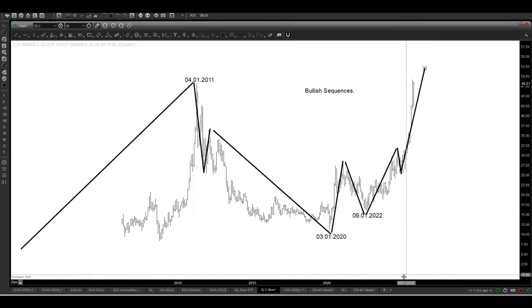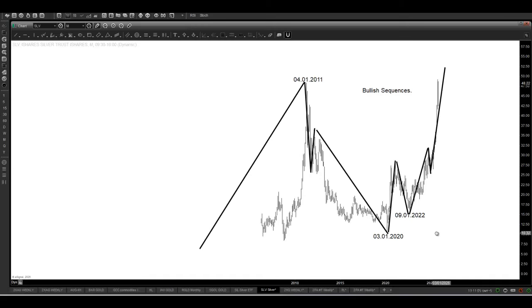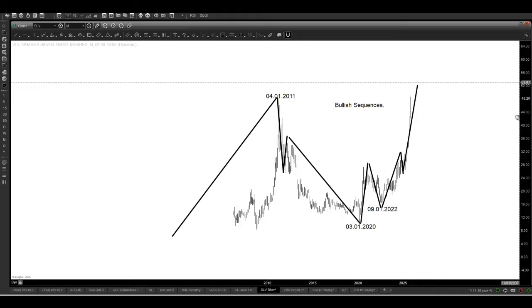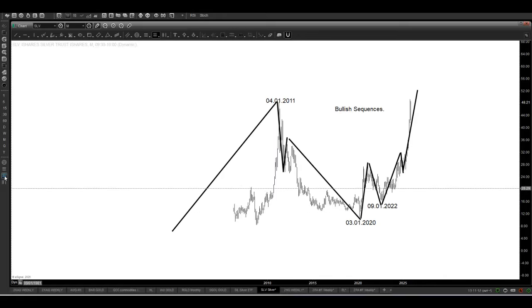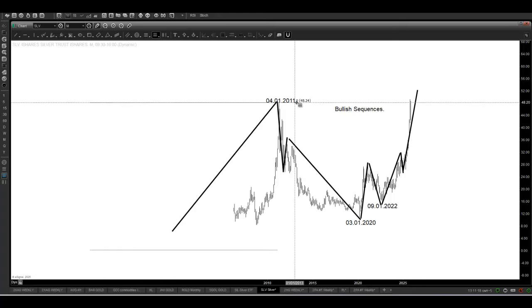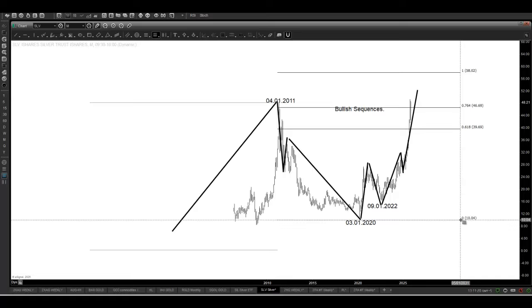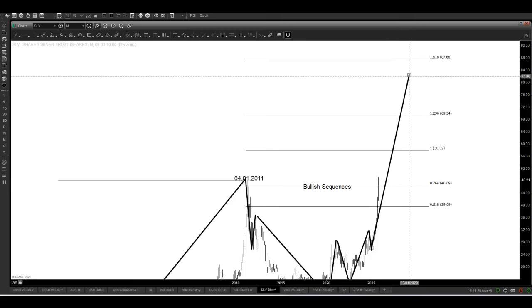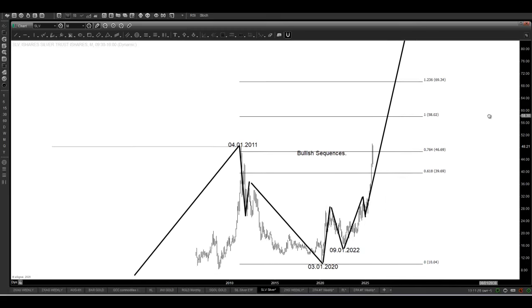So over here, the ratio is a beauty. You're going to know why. The ratio is a beauty. Over here, this silver ETF, it has a target in wave 3 that started in 2020, at 87.66.